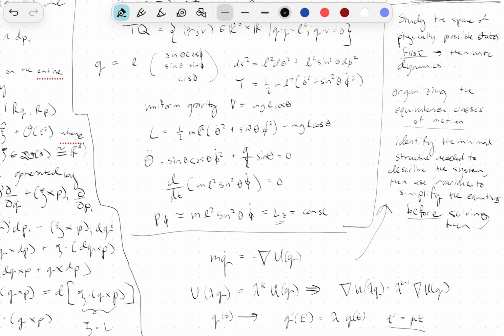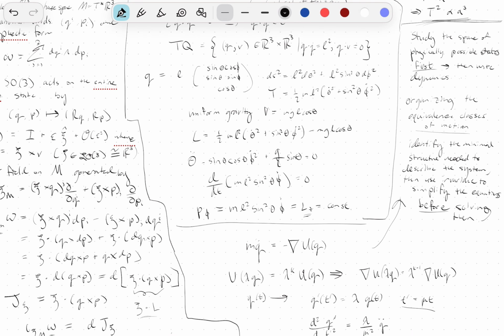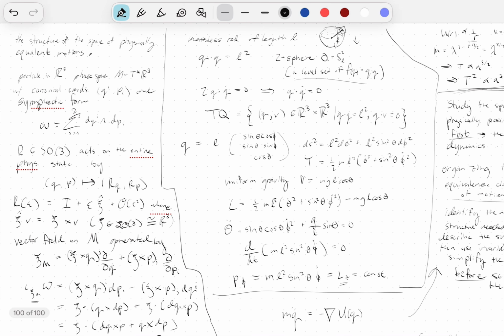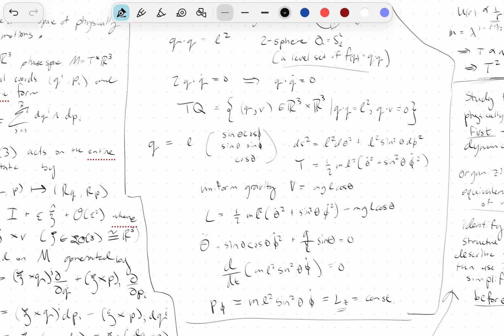All right? That's really the heart of thinking about mechanics in a modern way. It's just using geometry and symmetry to compress the complexity of the motion into its essential conserved quantities.